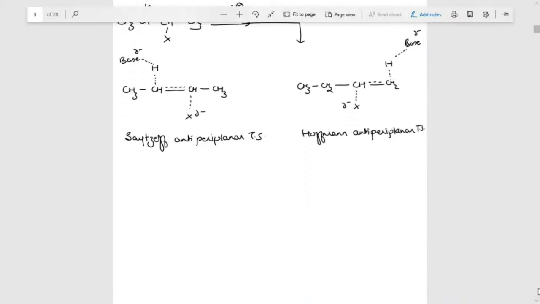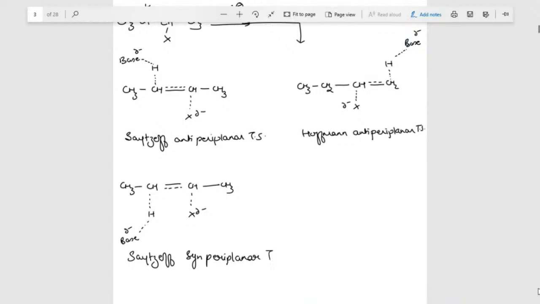Okay. Could there be syn periplanar transition state? Yes, possible. Why not? We can draw. Whether it happens or not, that you decide. I'll give you a hint. Just let me complete the transition state. This I can call as Zaitsev syn periplanar transition state. These all are possible transition states.